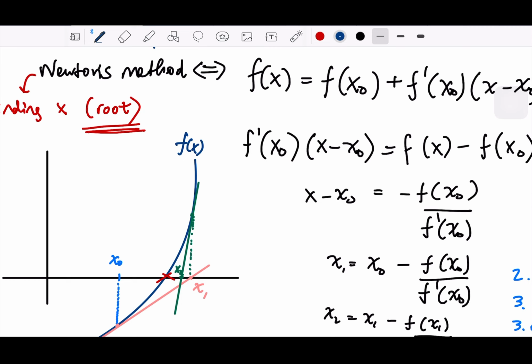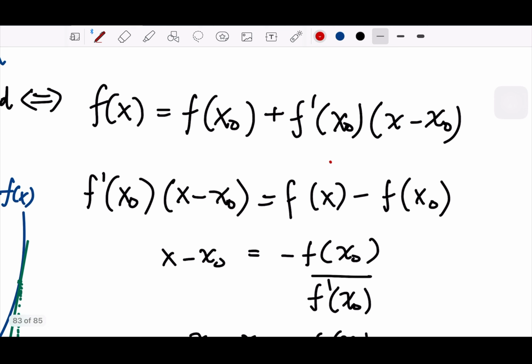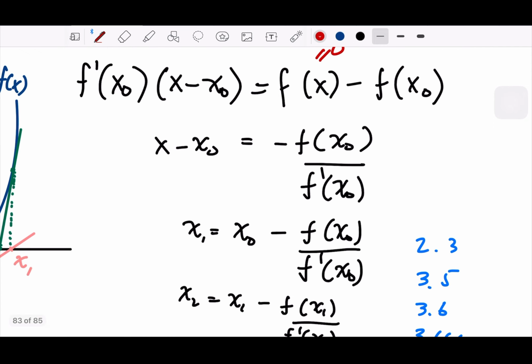So what we do is rewrite the linear approximation and make this f of x equal 0. And then we have this term. And then how do we apply this?